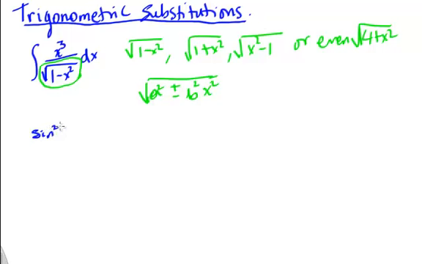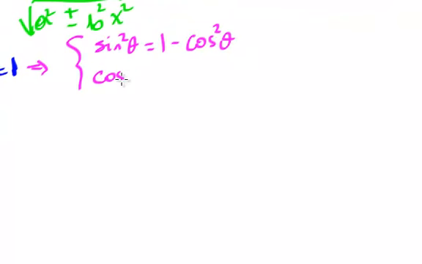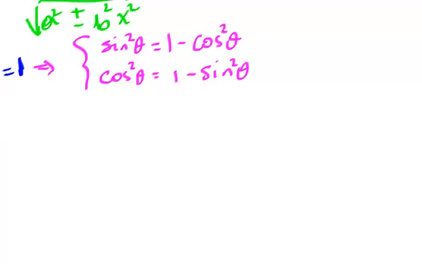Everybody remembers this trig identity: sine squared theta plus cosine squared theta equals 1, which gives us these two important identities: sine squared theta equals 1 minus cosine squared theta, and cosine squared theta equals 1 minus sine squared theta. These are the ones that are usually more usable than that one.